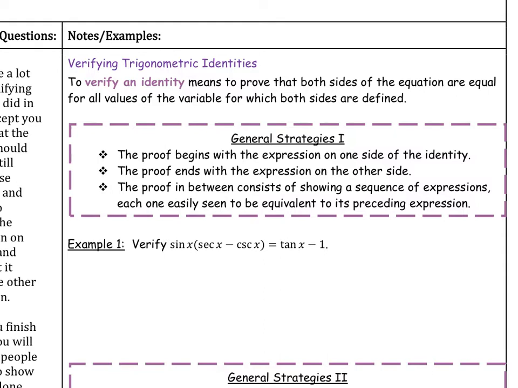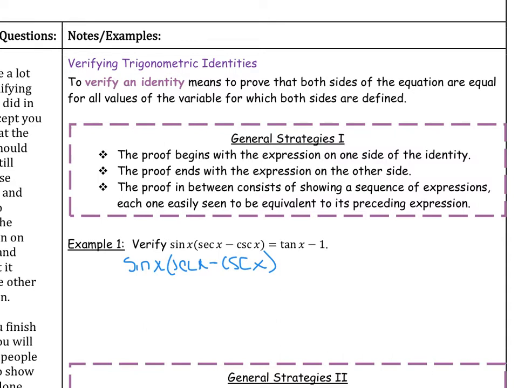So the first thing we do is write down the side that we're starting with, to represent which side I'm going to use and simplify. If you really wanted a big challenge, you could start with the right side, tangent x minus 1, and try to rewrite that so that it matches the left side.